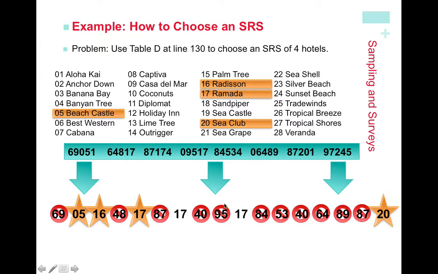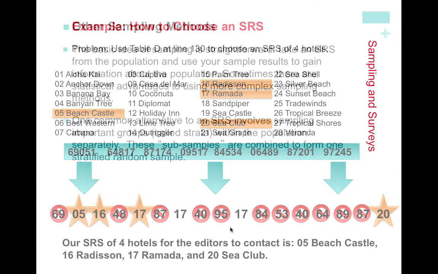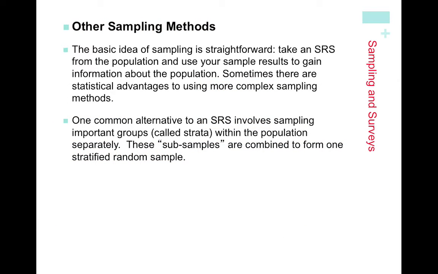That 17 is going to get skipped here because we can't select repeats. If you finish the line and you need to select more, then you'd go on to the next line. Alright, so when you're sampling, you're taking a simple random sample and moving on.